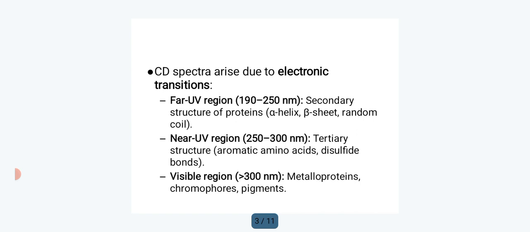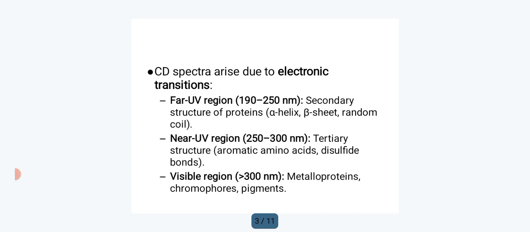The CD spectra arise due to electronic transitions. In the UV region, 190 to 250 nanometers, it is used to study the secondary structure of proteins, like alpha helix, beta sheet, and random coil.